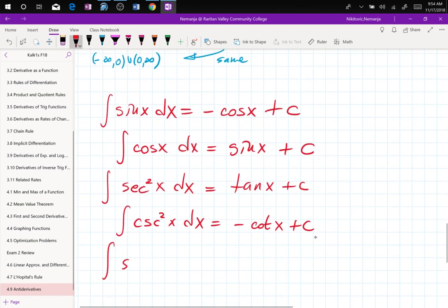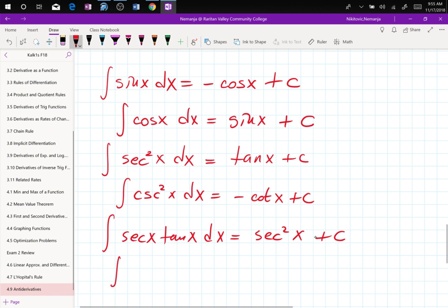Integral of secant x tangent x dx is equal to secant x plus c. And integral of cosecant x cotangent x dx is equal to negative cosecant x plus c. It's not squared, it's just the basic one.